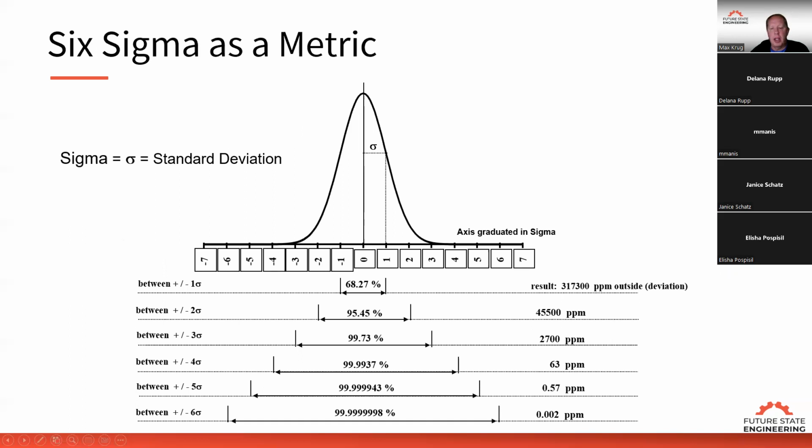So when we talk about variation, we can look at statistics, and Sigma means standard deviation. So that's how many standard deviations of the data from the process. So if I take data from a process and I run a process, I measure the process.